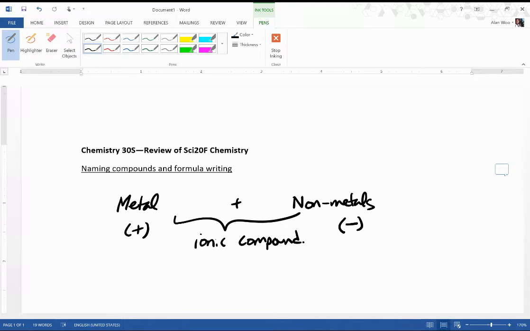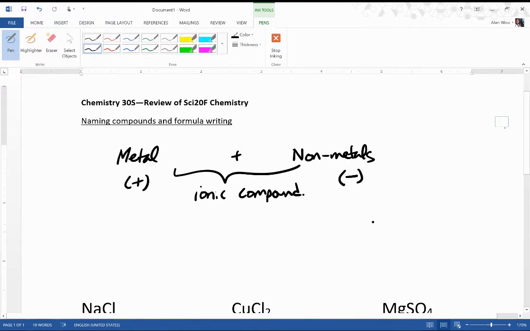Nonmetals like to gain or take away electrons from others and keep them for themselves, so they have a negative charge. When you have a metal that wants to give away an electron and a nonmetal that wants to keep the electron, sometimes they will form a bond, and that bond will help them form an ionic compound.